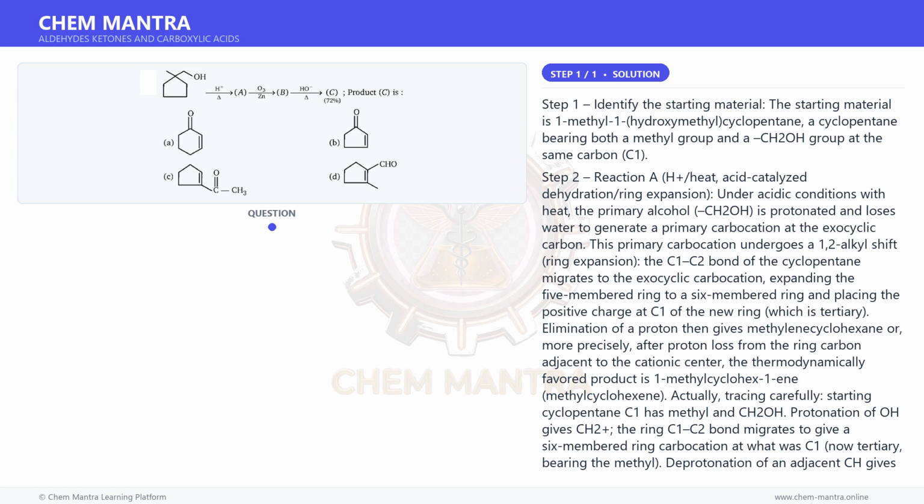Intramolecular aldol: the alpha carbons of the methyl ketone, the CH3 or the CH2 next to C=O. Deprotonation of the CH2 alpha to the ketone, C5, the enolate attacks the aldehyde, C1, to close a 5-membered ring, atoms C1 aldehyde, C2, C3, C4, C5 enolate, equals 5 atoms in the ring.